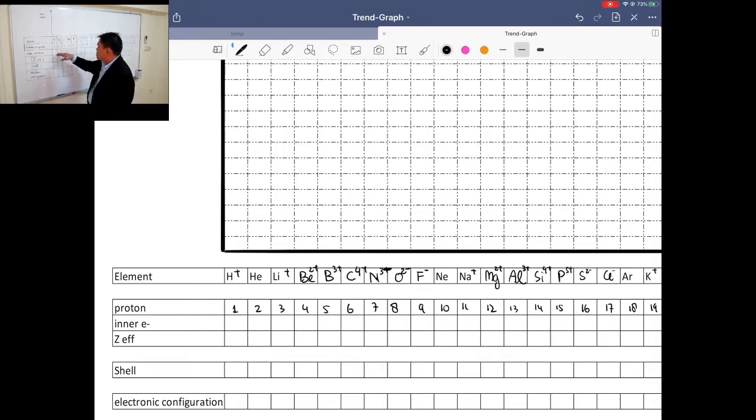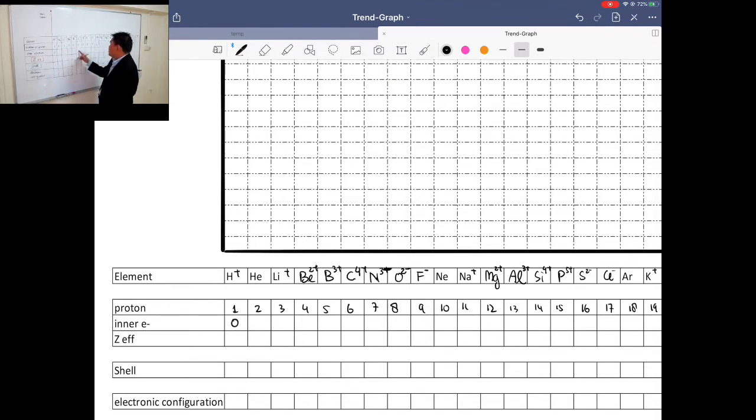There will be electrons on these ions. Some of the ions have electrons on the inside. The valence electrons we don't put into the second row. Like this hydrogen here, H+, doesn't have any electron, so the inner electron is also 0.